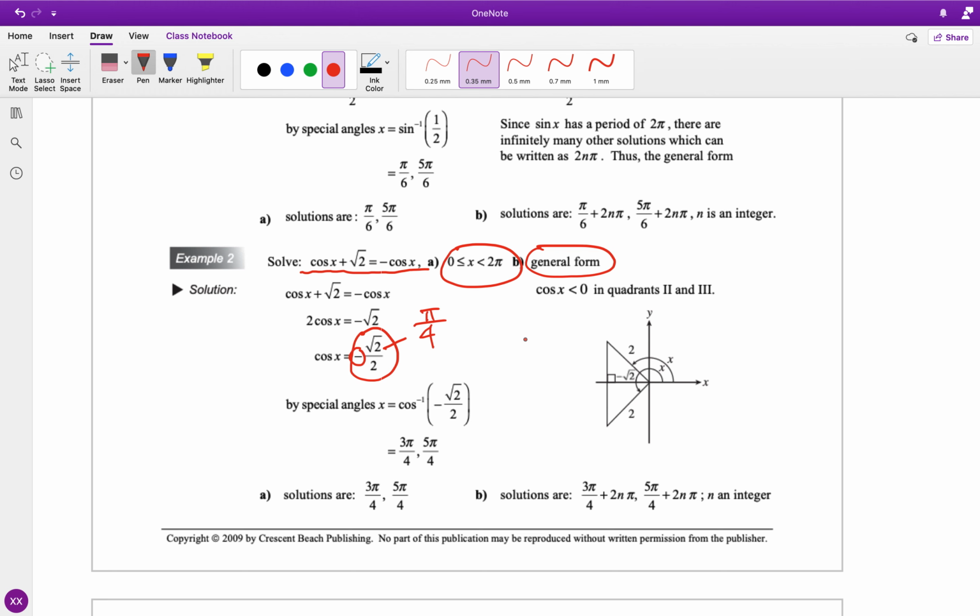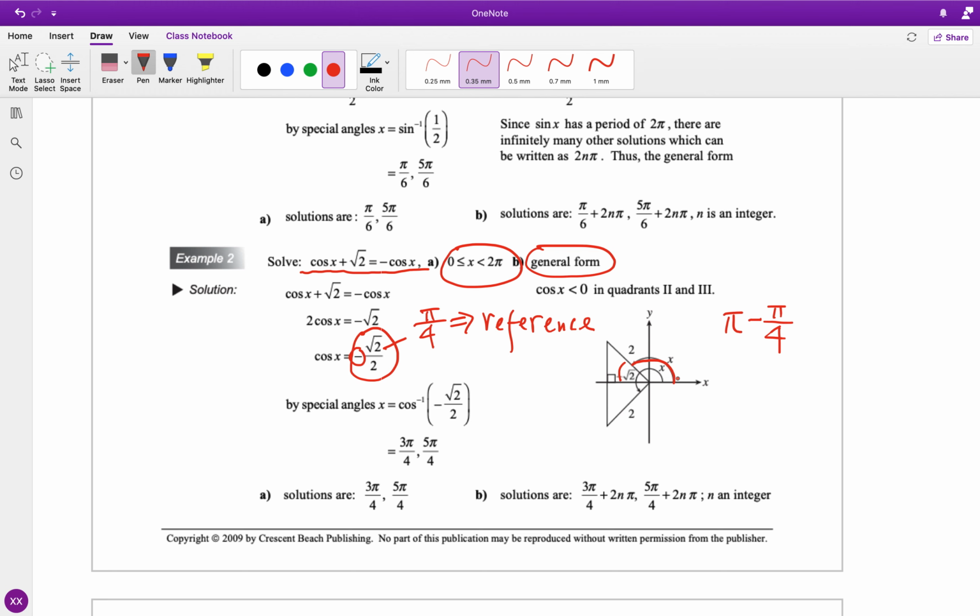So this means your reference angle is this pi over 4. That means one solution is this angle, which is pi subtract pi over 4.